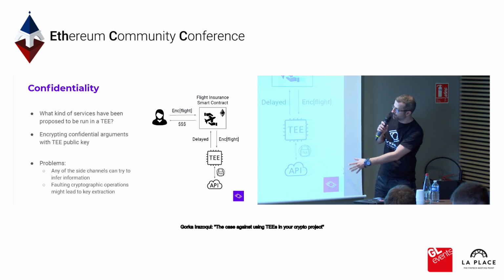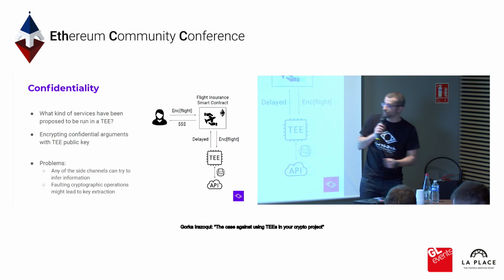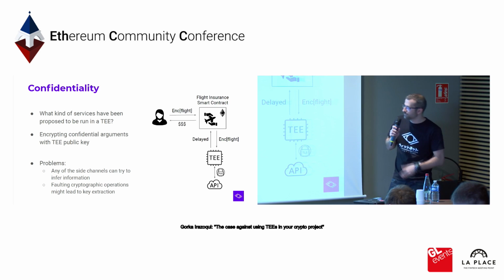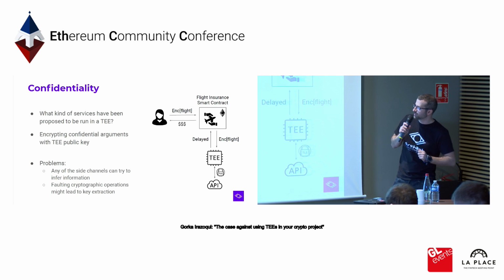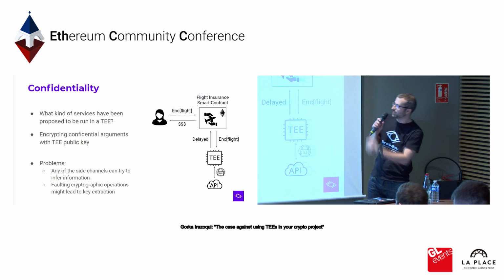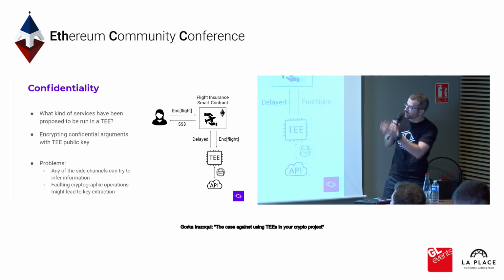Then it will query the API in a secure way, for example using TLS. We know some projects do that. And then the result can be in plain text, without ciphertext, and then she can cash out.